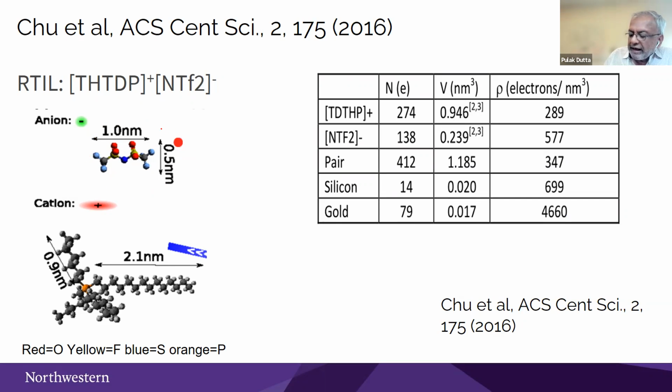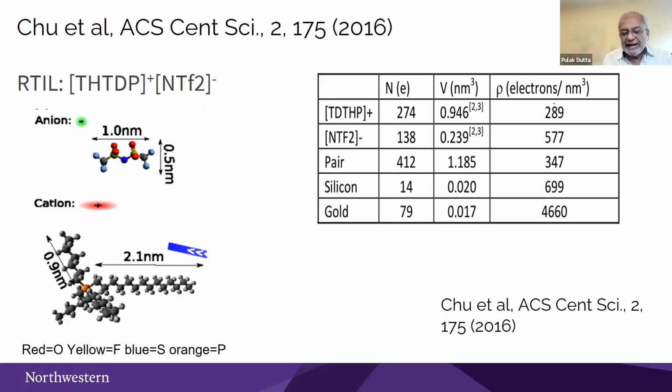Okay. So before I show that data, I want to show the RTIL we spend most of our time on. It has a smallish anion and a large cation. And here's a table. You don't have to look at all the numbers, but basically the anion is quite electron dense, which is, of course, why we and others chose it to do X-rays with, because you need a difference between the electron density of one ion versus another, because otherwise they all look the same.